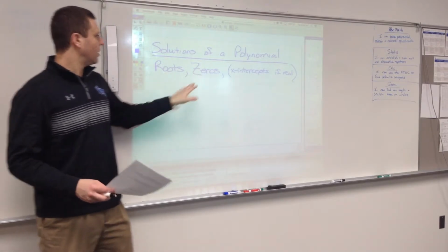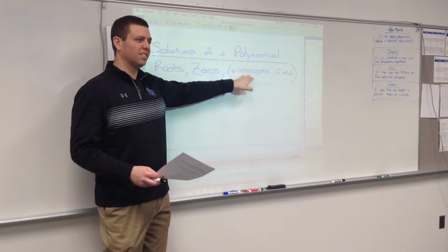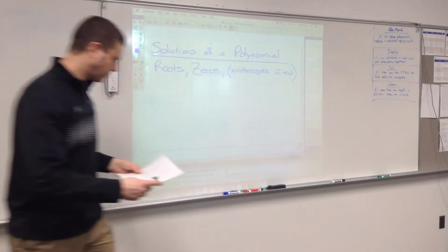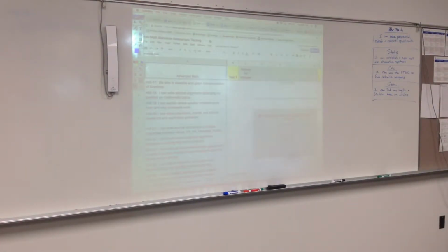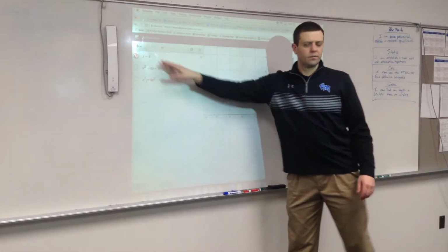Okay? Which you can look at a graph to help you to find all the real ones, because it's where the graph crosses the x-axis. Here's the line x minus 4, right here.